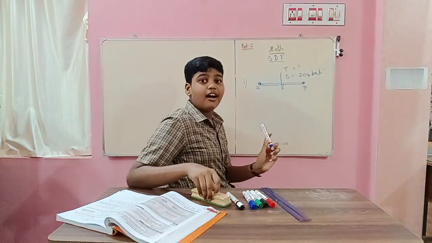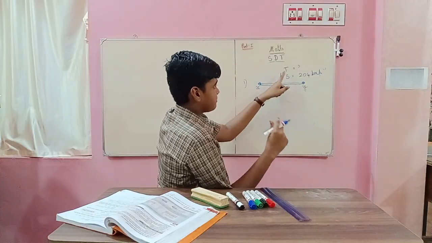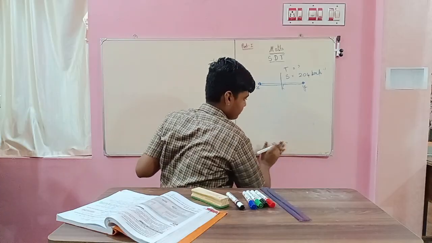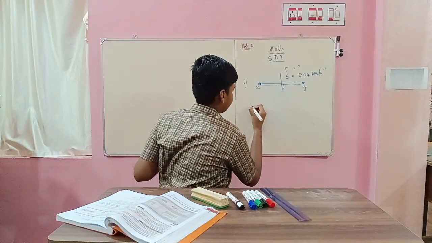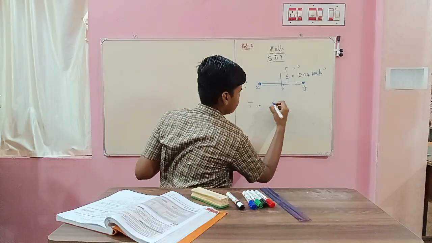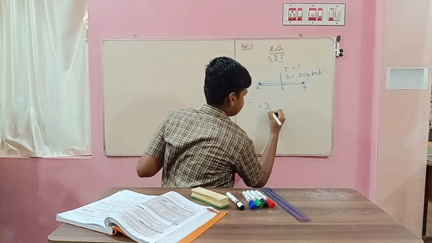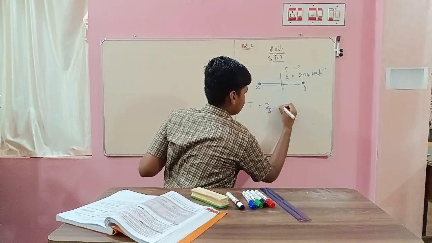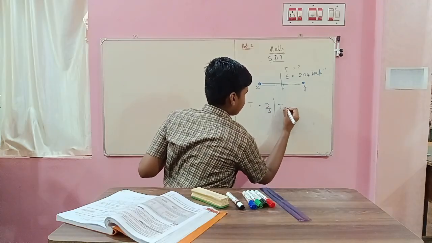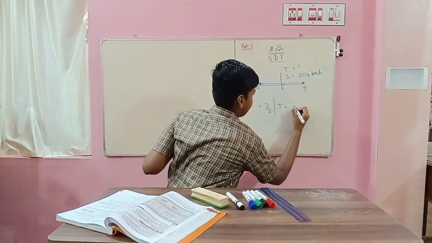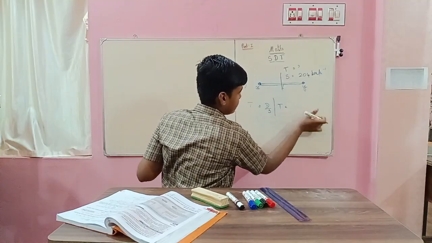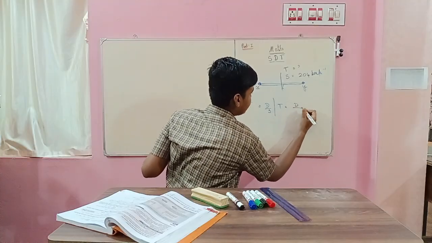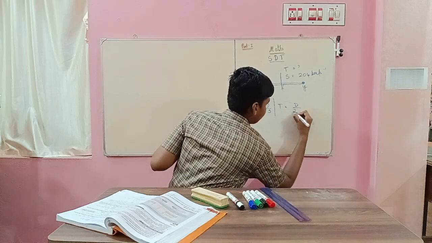Same case, find for t. So this t is equal to d by s. So t is equal to d, which is unknown. So let's take x. Well, d by, let's say, s, 204.